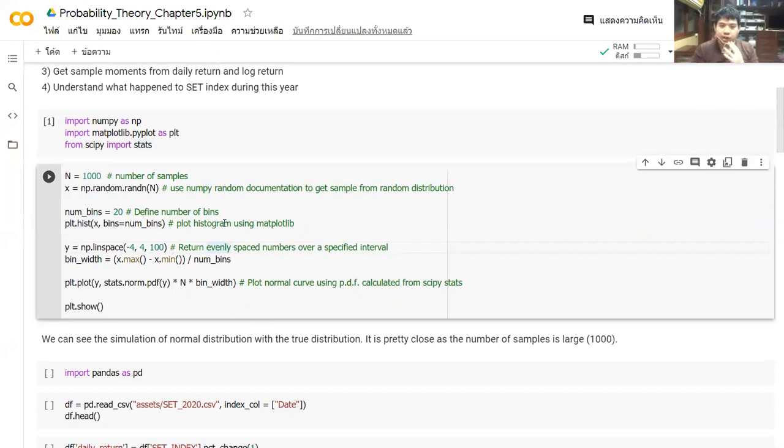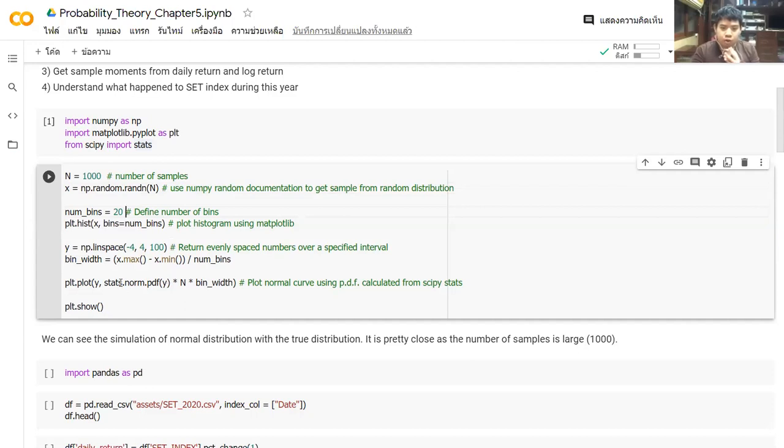We define n as the number of samples. We use np.random, so it's sampling from the normal distribution, the standardized normal distribution. We define the number of bins, and we then plot the histogram here.